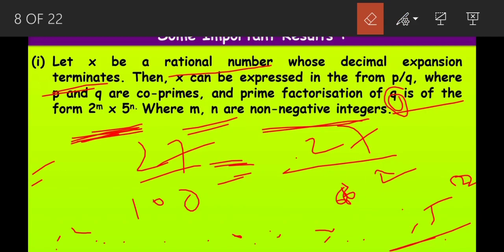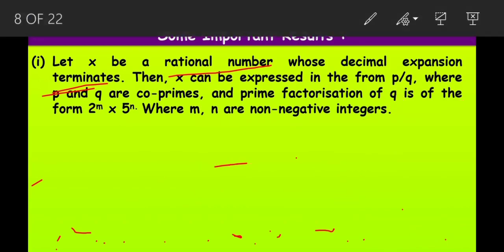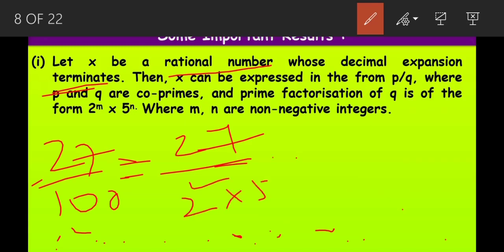Let me tell you once again, children. If we have 27 by 100, which is a terminating decimal 0.27, this 100 can be written as 2 square into 5 square.